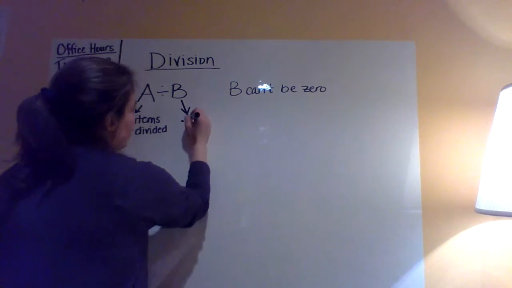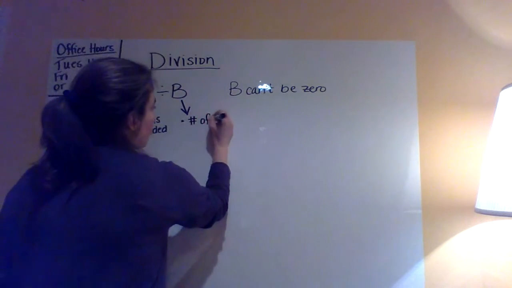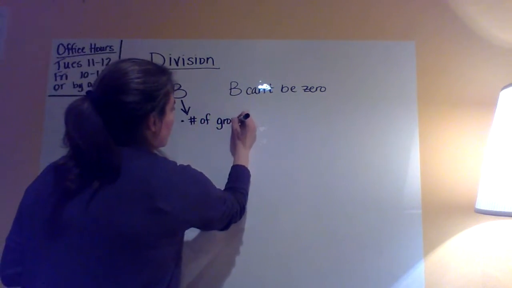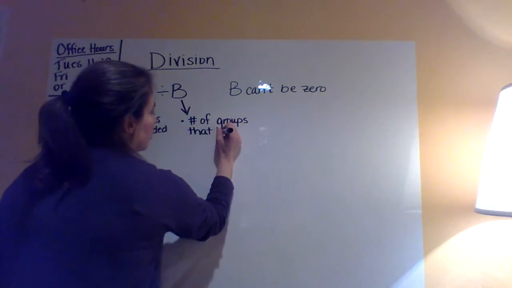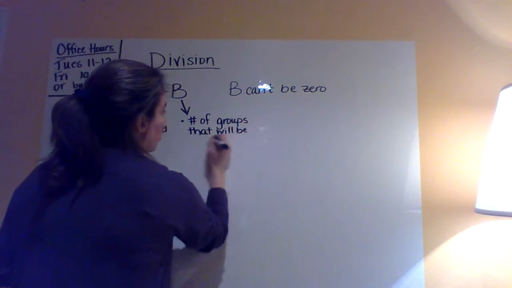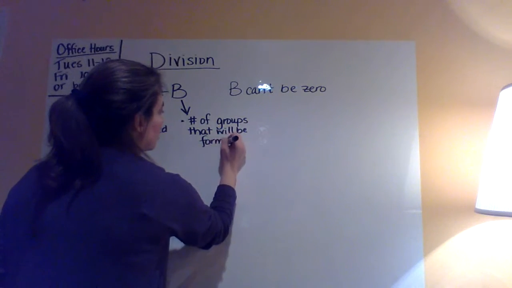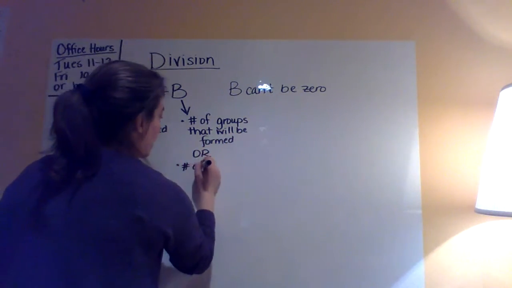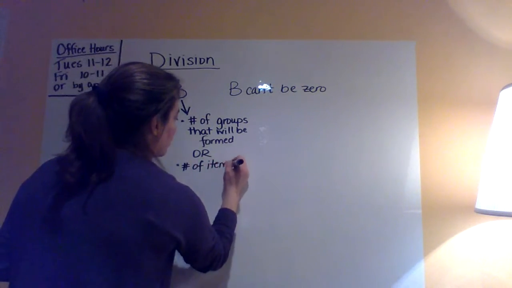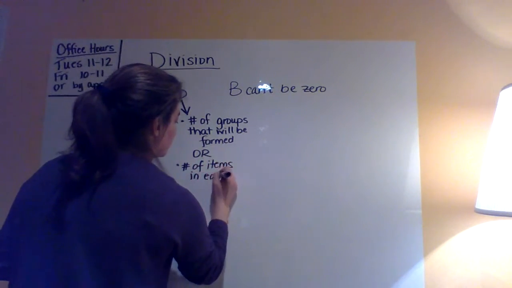It could be either the number of groups that will be formed, or it could be the number of items in each group.